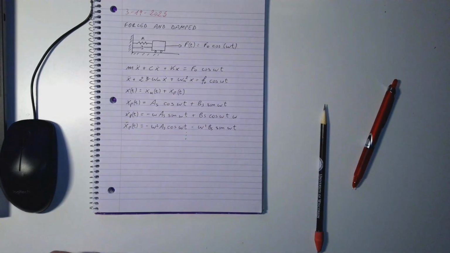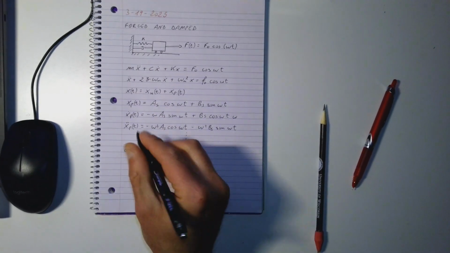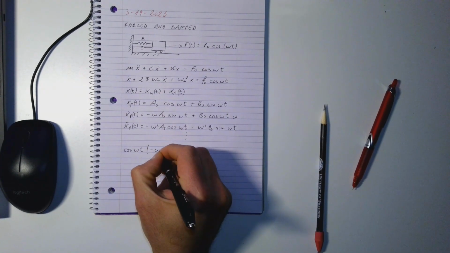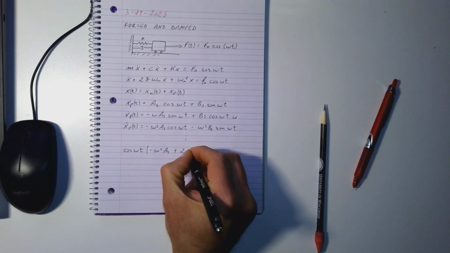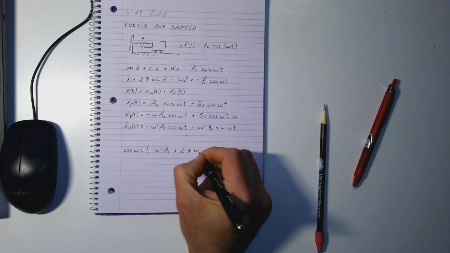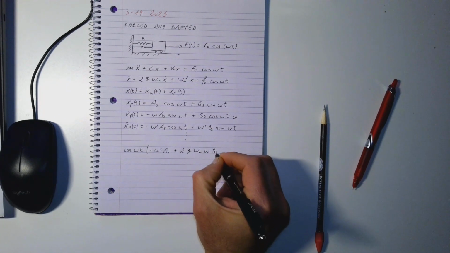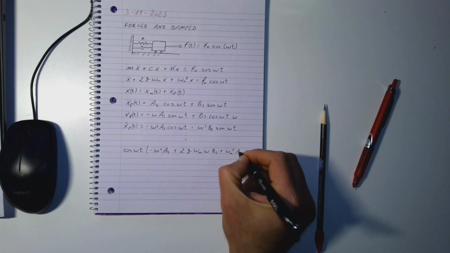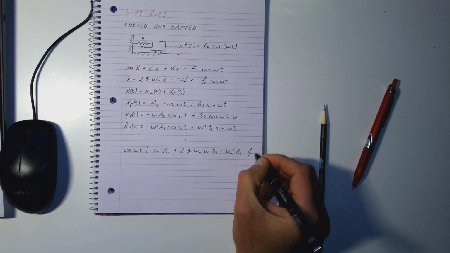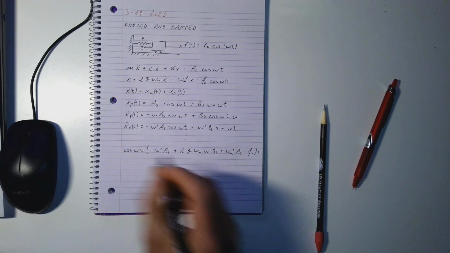So after one step that I'm skipping, we can rewrite as follows: cosine of omega t times negative omega square as plus 2 zeta omega n omega bs plus omega n square as minus f0, plus, so there are two terms.